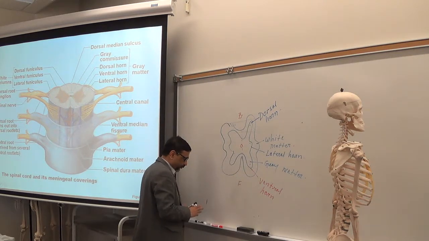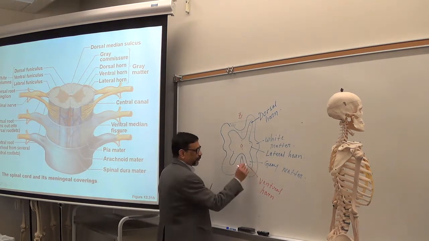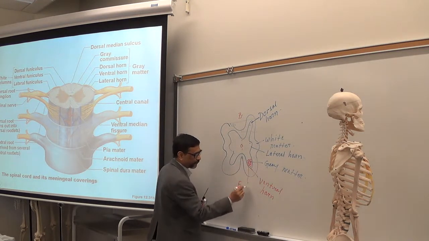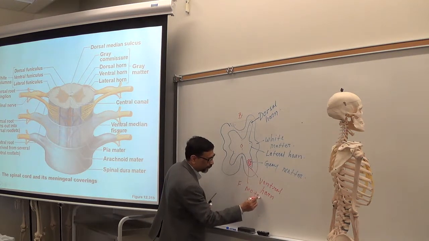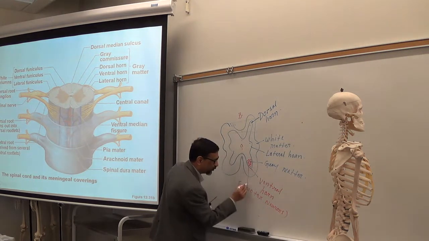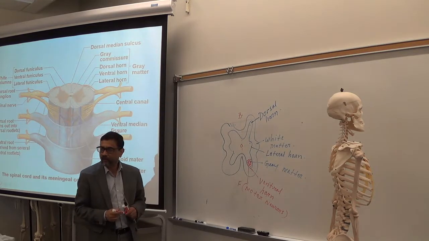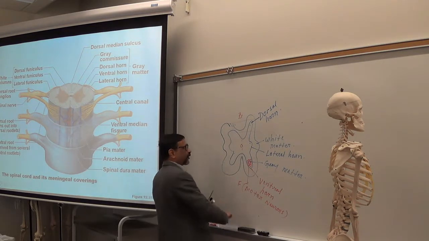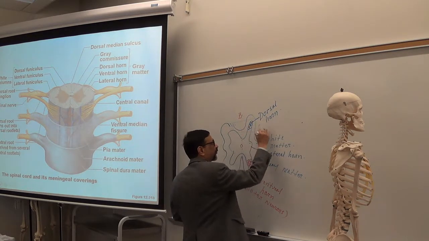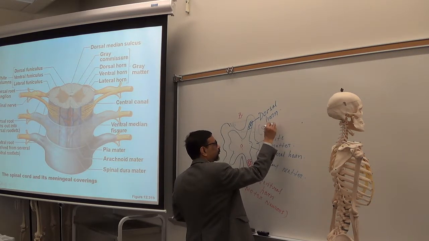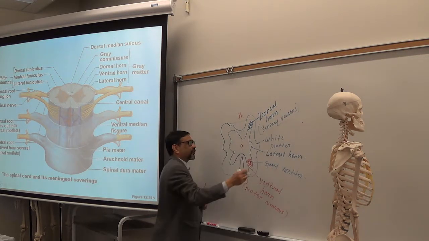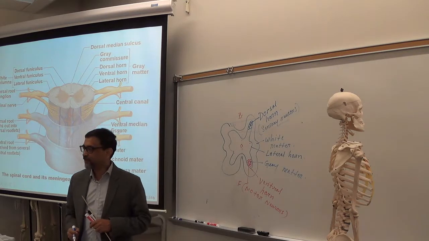In the ventral horn, you have the motor neurons. In the dorsal horn, you have sensory type neurons.